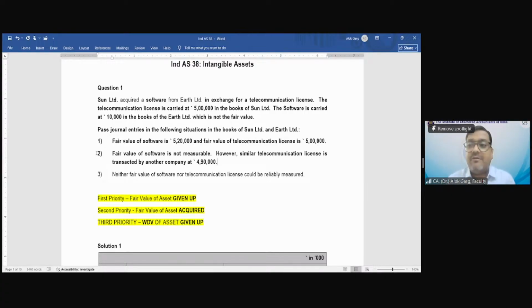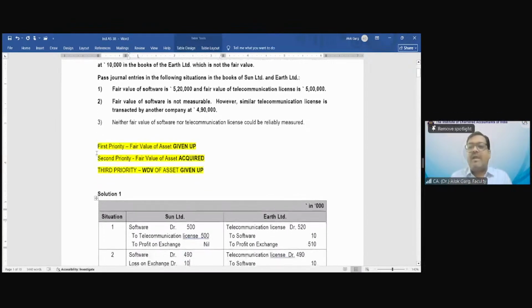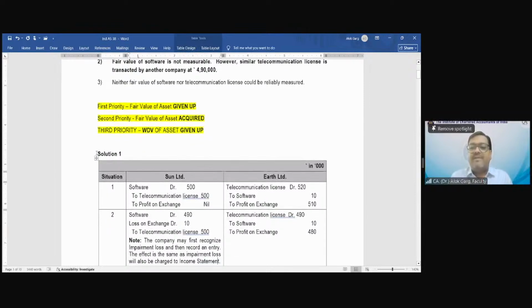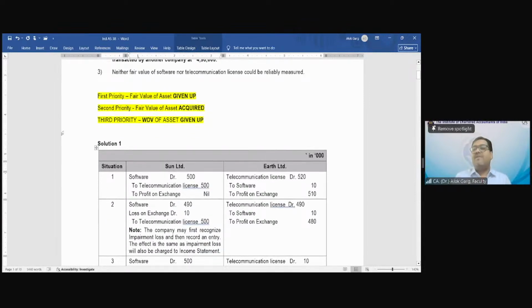And when you de-recognize, you of course reverse the carrying value. So it is credited by 5 lakh rupees and the software is debited by 4,90,000 rupees, and the 10,000 rupee difference is the loss on exchange. So software account debit, loss on exchange debit to telecom license. Clear?